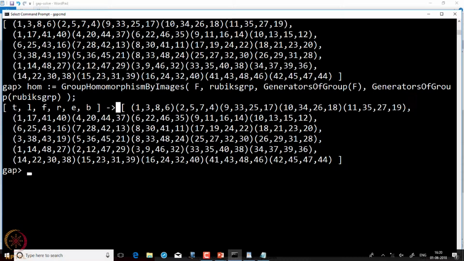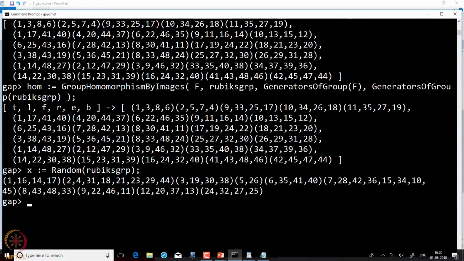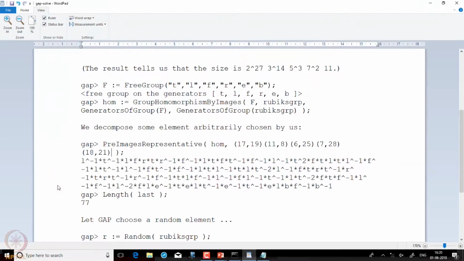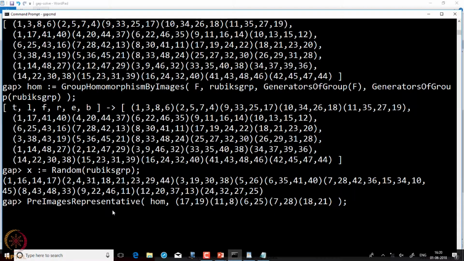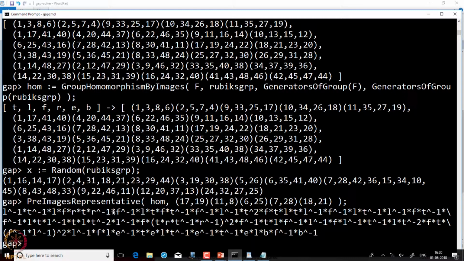So I am taking X as a random element of Rubik's group, some element X. And now I consider the pre-image of that element.